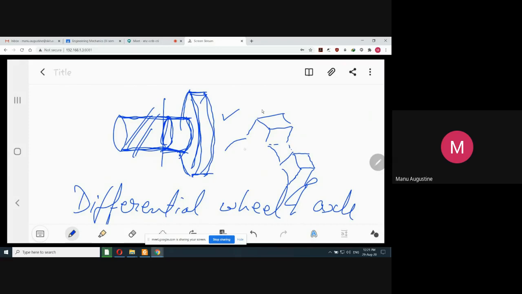The gear teeth will look like this. In other words, we can say that this width of the gear teeth is significantly larger. Okay, but in the case of a sprocket, it will have the same tooth and gap arrangement, but it will be much thinner like this.